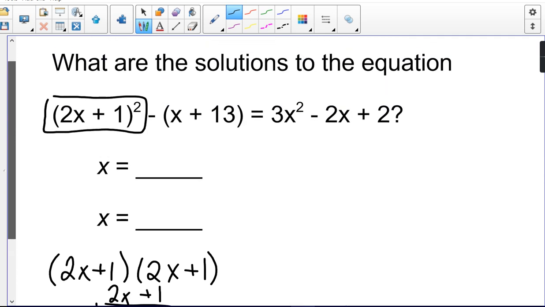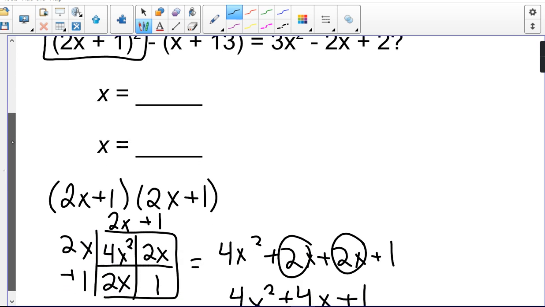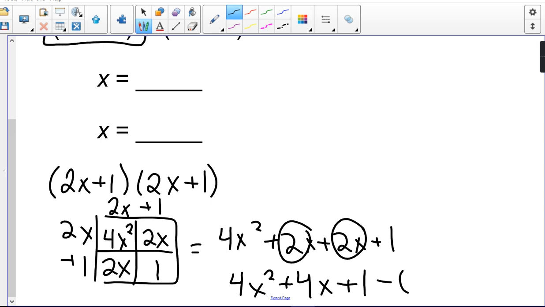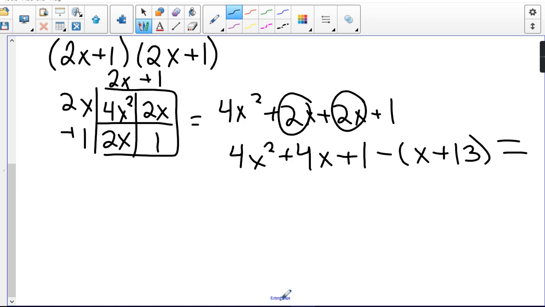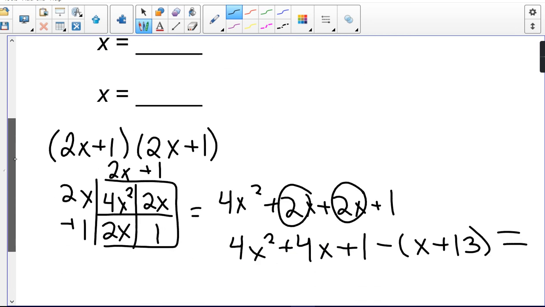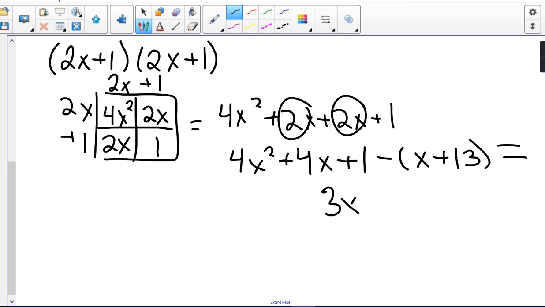Now that's the solution for just that one part that I put a square around in that question. But we still have some more. We have minus (x + 13) on this side of the equation, and then we have the whole other side of the equation, 3x squared minus 2x plus 2.